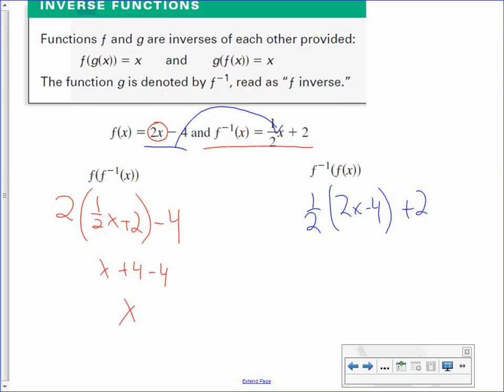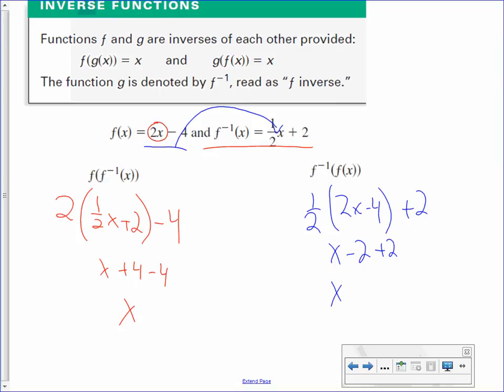When you distribute that through and simplify, you get x minus 2 plus 2. Do you get x for both of these? Ladies, please take some notes. Do both of these equal the same thing? Is that same thing the variable x? Then they are inverses. That's all it means.